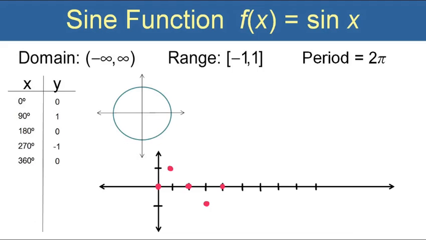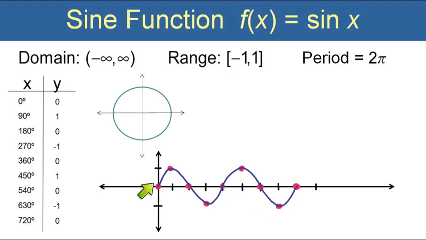So I'm going to do 4 more angles, and they're sine functions here. So let's go ahead and plot those last 4 points. Now, if we connect the dots, that is a sine graph. This shape is called a sinusoidal shape because it's the same as the sine function.